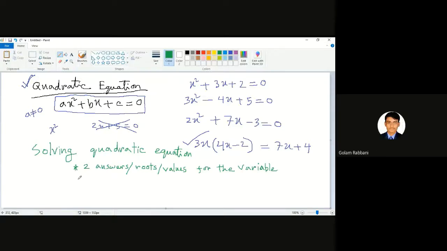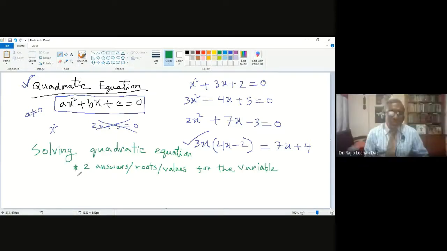Yes, sir. So one thing is the middle term factorization method. I will show you how to do that. Another technique is called the quadratic formula. So this is one method, middle term factorization method. You can apply this. I will show you how to do that.